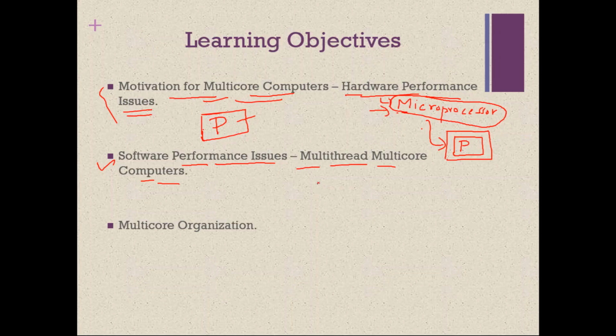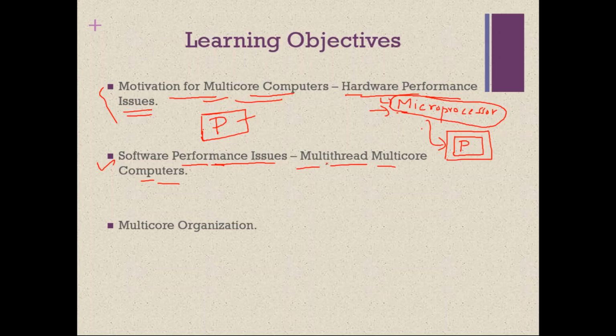Operating systems like Windows, Linux or Unix have existed for a long time, but they are designed for single core processors, not multi-core processors. Typically, software was designed for single core computers. So when software is used on multi-core computers, there will be some performance issues. What are those performance issues? That's what we'll discuss in the next topic.